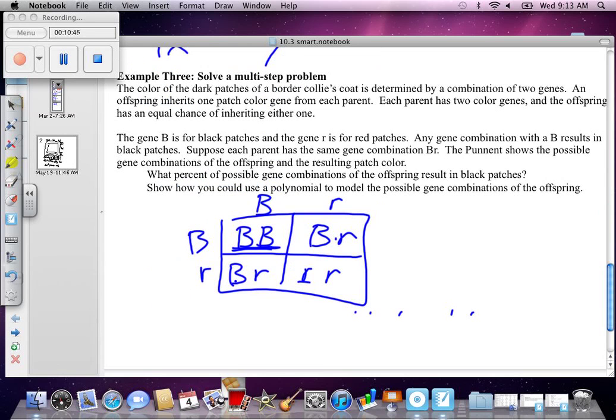So I can come up with two black genes, a black gene and a red gene, a black gene and a red gene, or two red genes. If you have that big B, that black gene, the patches are going to be black no matter what. It's called a dominant gene. So, how many out of these four squares are going to have black patches? 3. So 3 out of 4 means how many percent? 75. So there's a 75% chance of black patches.